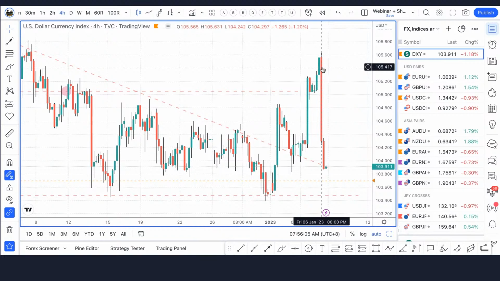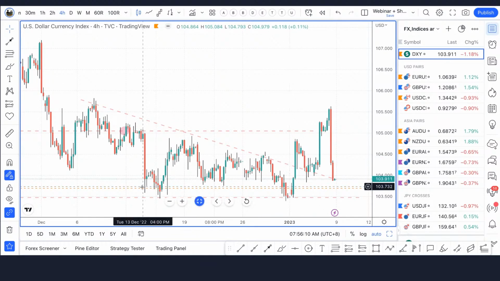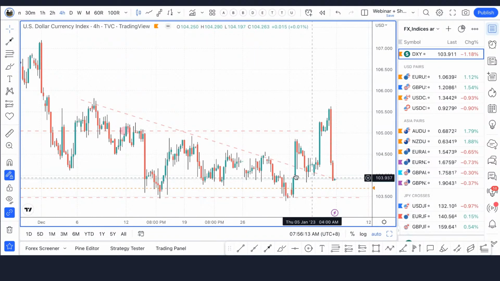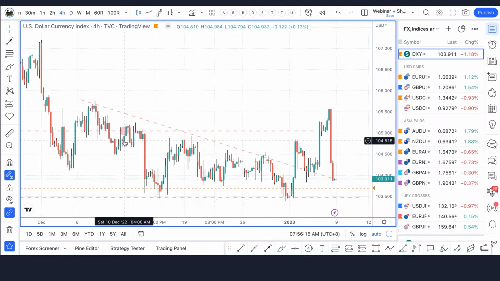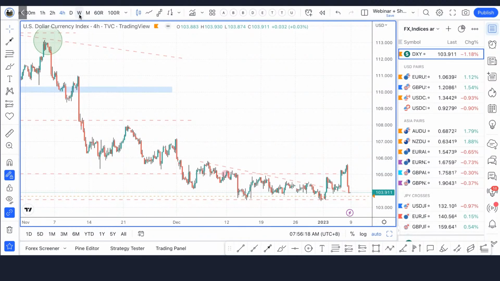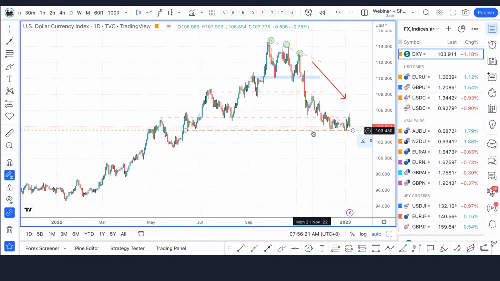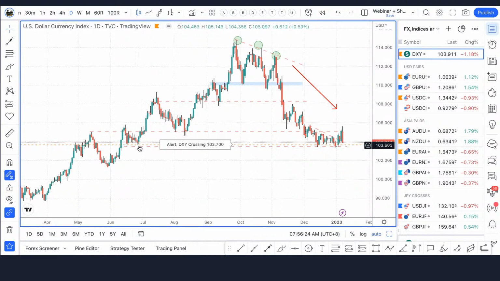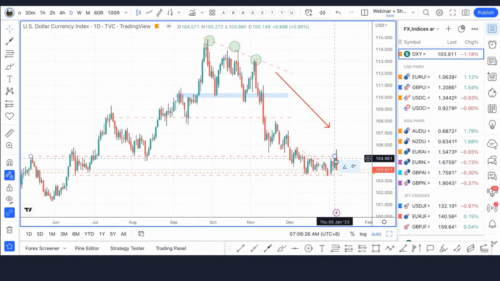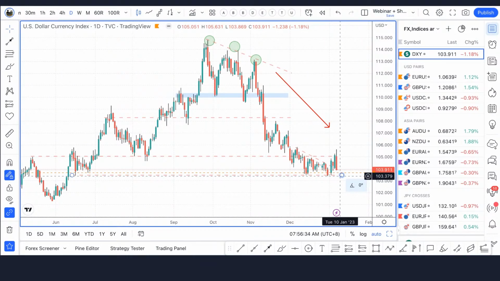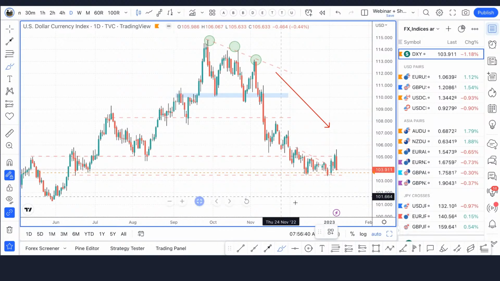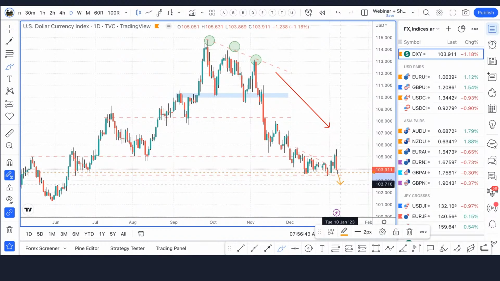So after the non-farm payroll on Friday, it actually went down, and let's see if this is able to hold up as a support. If not, likelihood, like you see on the daily time frame, this is also a support area. So if this is strong enough to push down, or rather, if the non-farm payroll is a determinant for the USD to go weaker, you will see a sell off, or push downward.